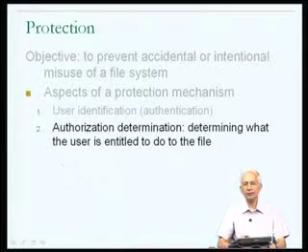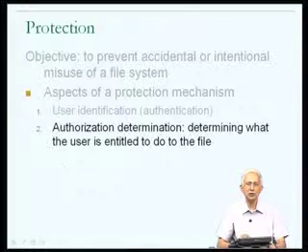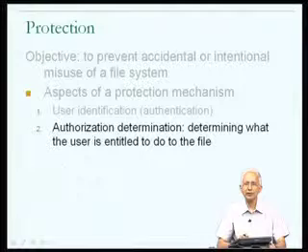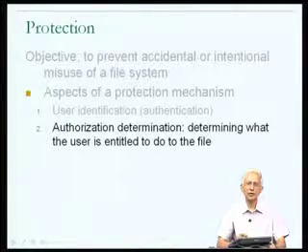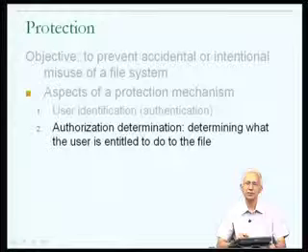Now, another important aspect as far as file system protection is concerned is what is called authorization determination. And the problem here is, of the many users on the computer system, for a particular file that we are interested in, the operating system has to keep track of what a particular user is entitled to do as far as that file is concerned.